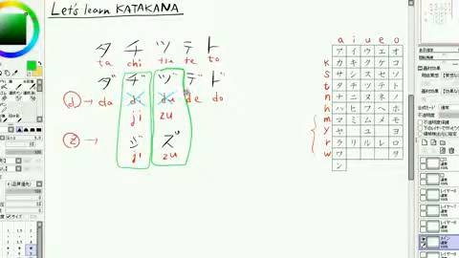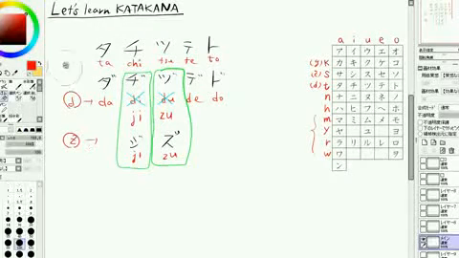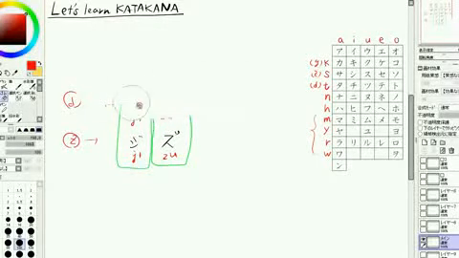All right, now we've seen G, Z, and D, right? How about others? Do we have other voiced sounds? Definitely. It's the B sound. We have to find a B sound. But what is the unvoiced version of B? This one is voiced. So what is the unvoiced?